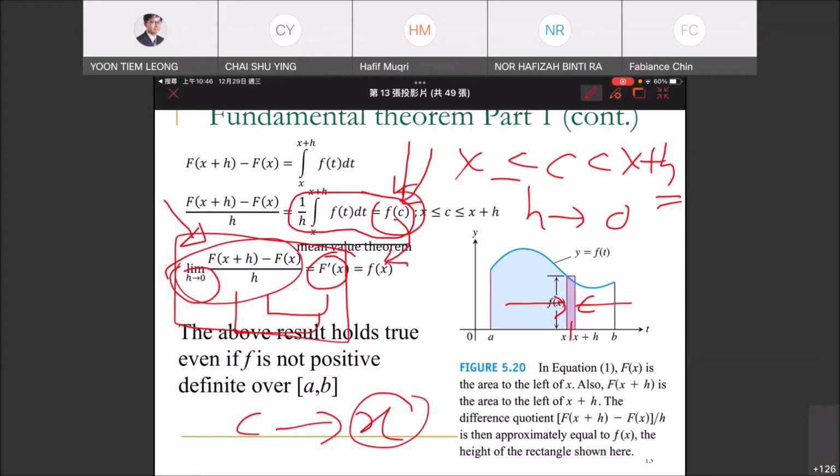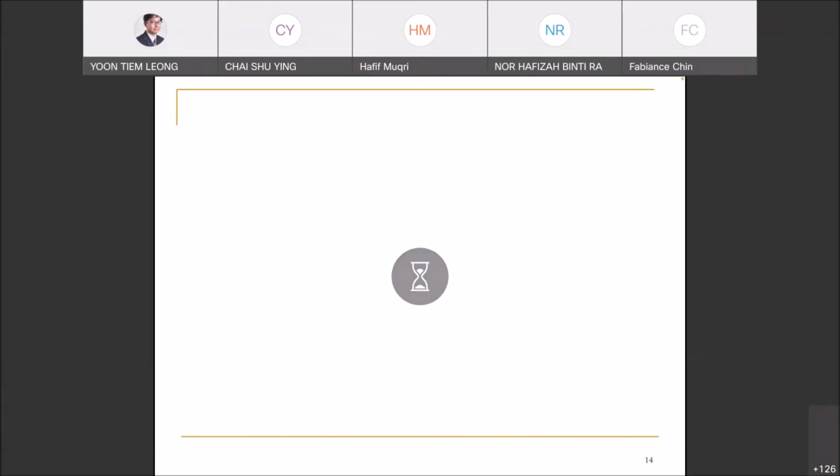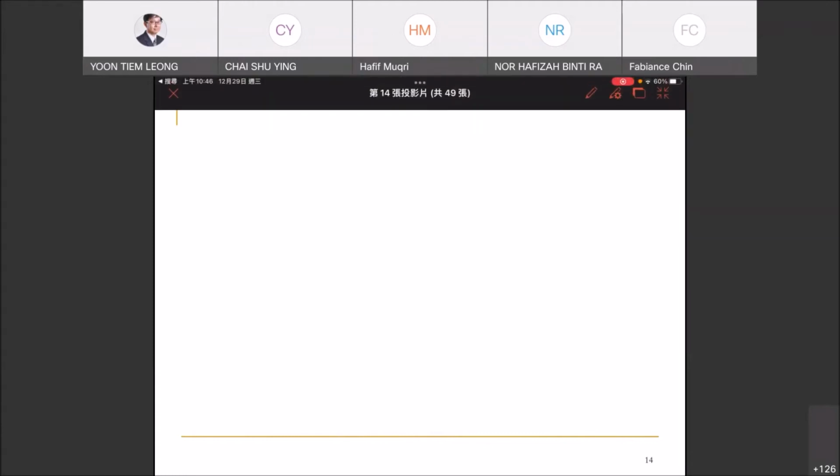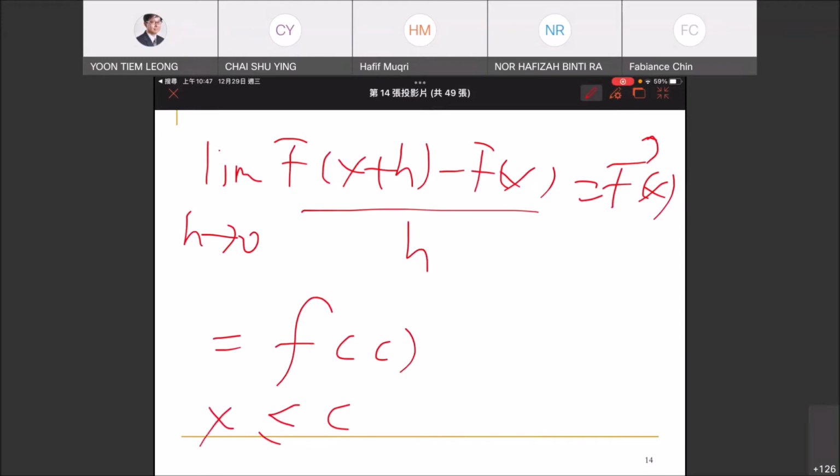So finally, what we are going to show here is simply, so maybe I write it here. It's simply saying that the limit of f of x plus h minus f of x, divided by h, when h goes to 0, is just equal to F prime of x, and this is just equal to f of c, where c is limited to be between x and x plus h, and when h goes to 0, c just tends to x.